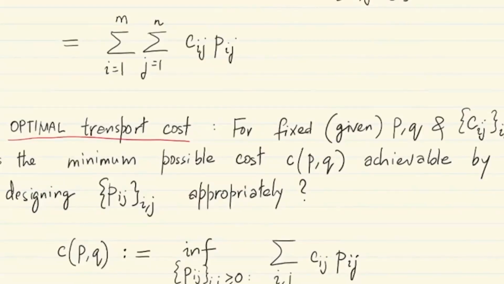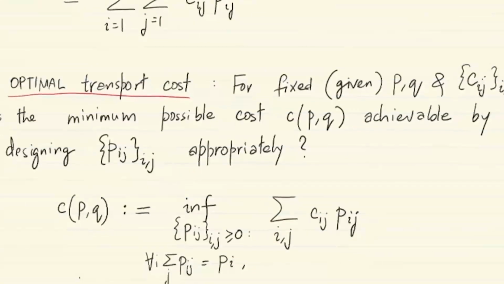So the optimal transportation cost problem says that for fixed distributions P and Q on the i and j terminals and a given cost structure Cij for every i and j, the question is how to achieve the minimum possible cost, denoted by CPQ, achievable by careful design of the Pij.